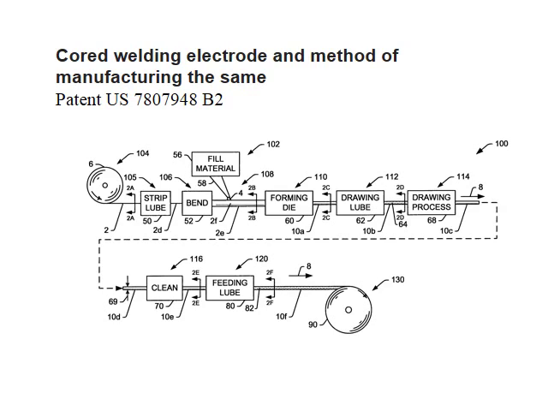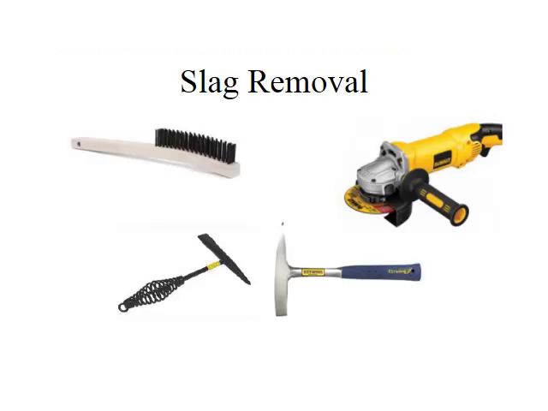The compounds contained in the electrode perform essentially the same functions as the coating on a shielded metal arc welding covered electrode, i.e. deoxidizers, slag formers, arc stabilizers, and alloying elements. When molten metal is exposed to air, it absorbs oxygen and nitrogen and becomes brittle or is otherwise adversely affected. A slag cover is needed to protect the molten or solidifying weld metal from the atmosphere. This cover can be obtained from the electrode coating.